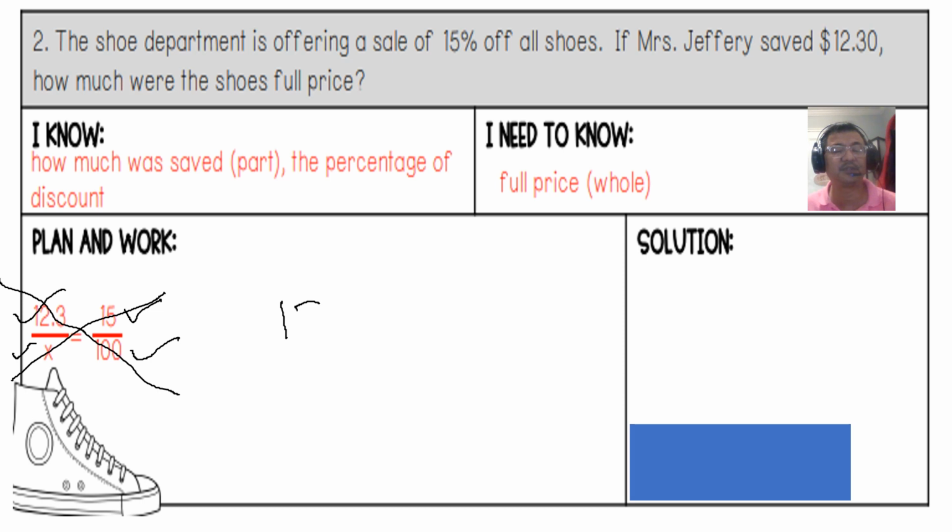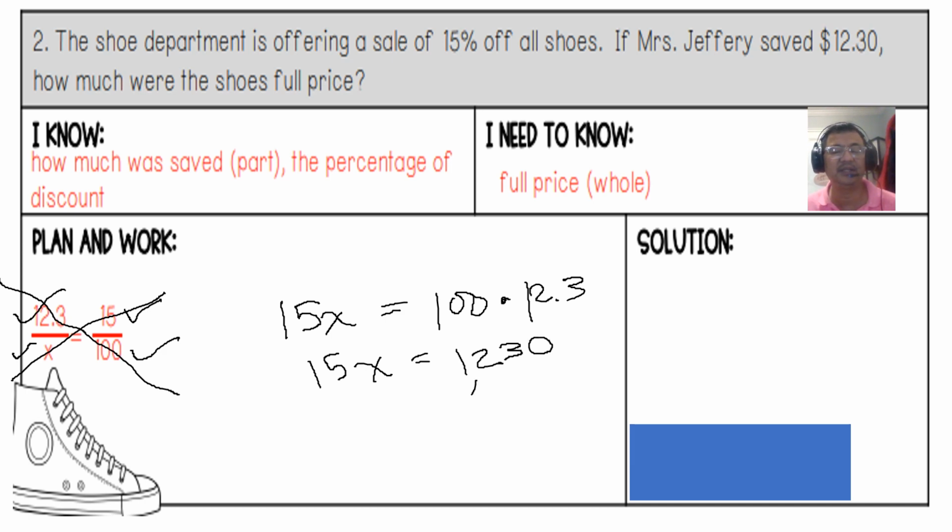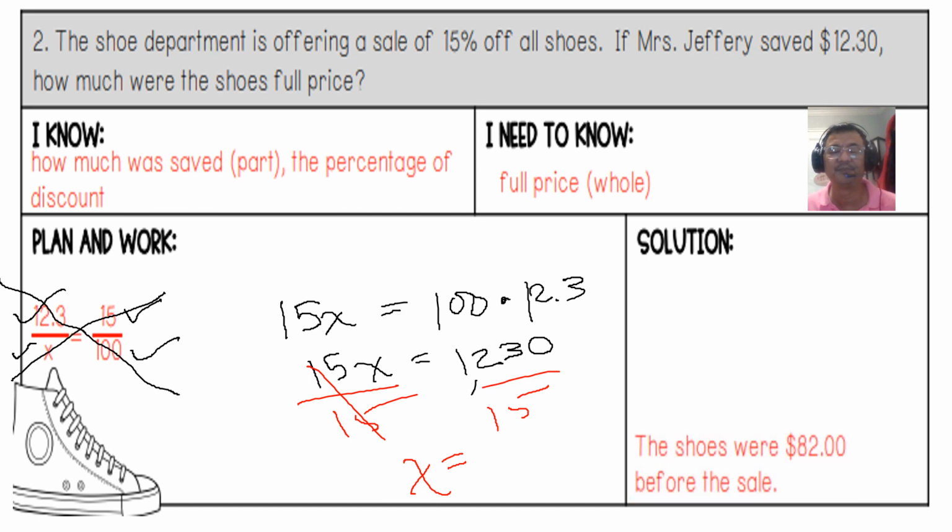That's going to be 15x is equal to 100 times 12.3. 15x is equal to 1230. And then, how do I solve for x? Divide by 15. x is equal to this amount. Got it? Did you get the right answer? Check.